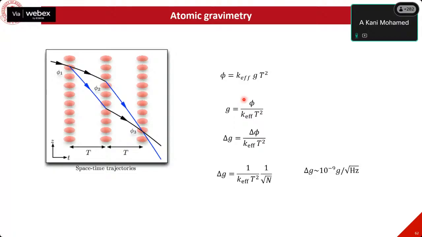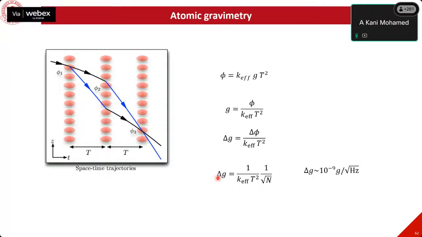Just like in optical interferometry, the uncertainty or the variance in the phase is now proportional to the number of atoms which we are using in this interferometer, instead of the number of photons that has been used in optical interferometry. So this is the minimum gravitational acceleration that we can detect by using atomic gravimetry.